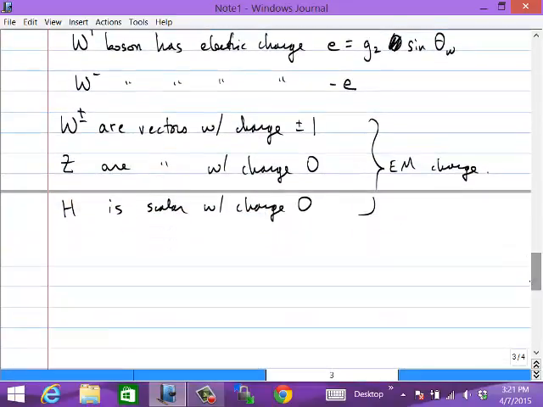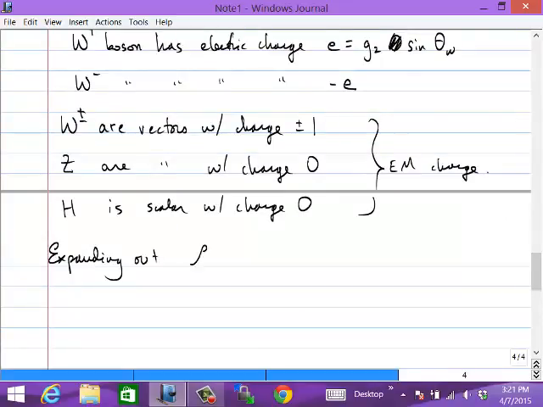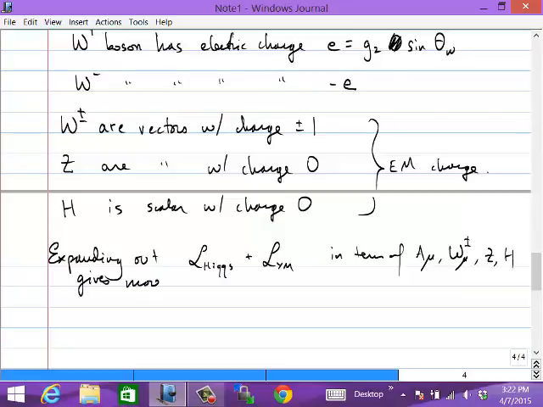And then, of course, expanding out the Higgs potential and the Yang-Mills equation in terms of A mu, W mu, Z and H gives more interactions. For example, one of the interactions that you would get would be a coupling term.